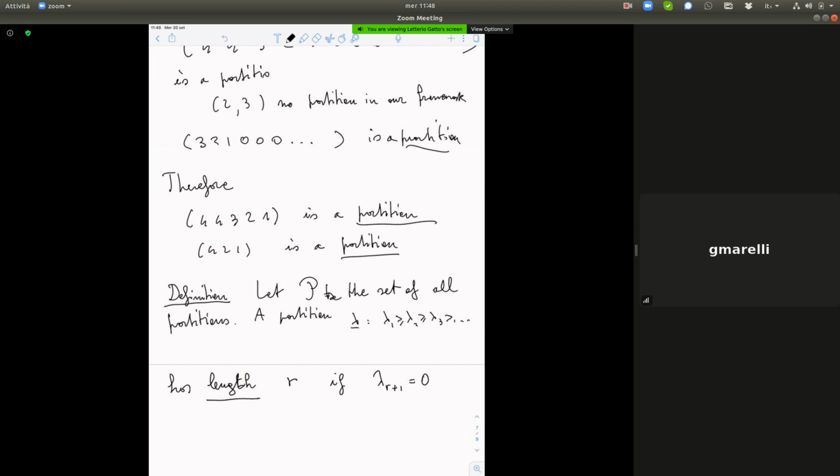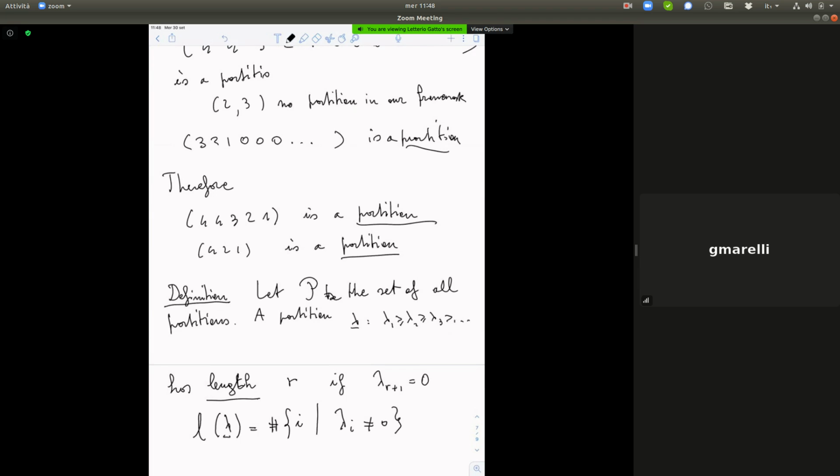And then lambda r plus 2 is 0 as well, because they are non-increasing. So the length of the partition lambda is the number of i such that lambda i is not 0.